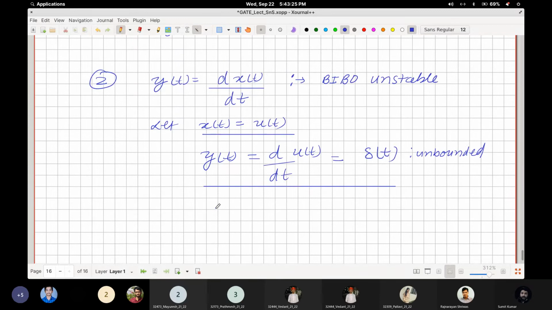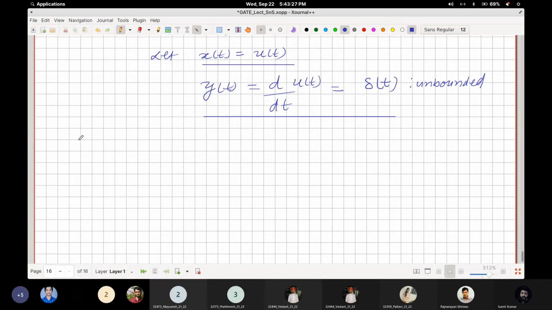Let's see another example to complete this. Let's say yt is given as integral from minus infinity to t of xt dt. And let's see if xt is equal to u of t, then what will be yt?